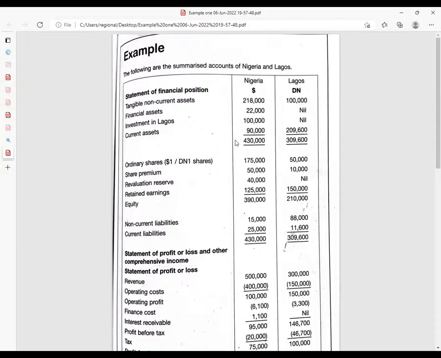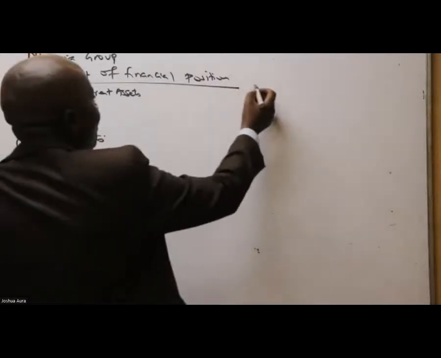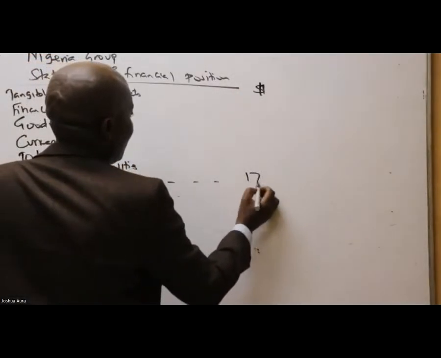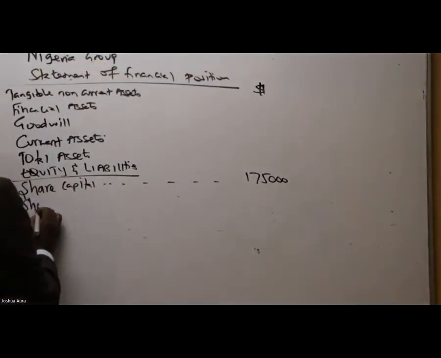So thank you very much. For share capital, always pick the one of the parent. You ignore the one of the subsidiary. So for share capital, I'll simply come and pick here 175,000.